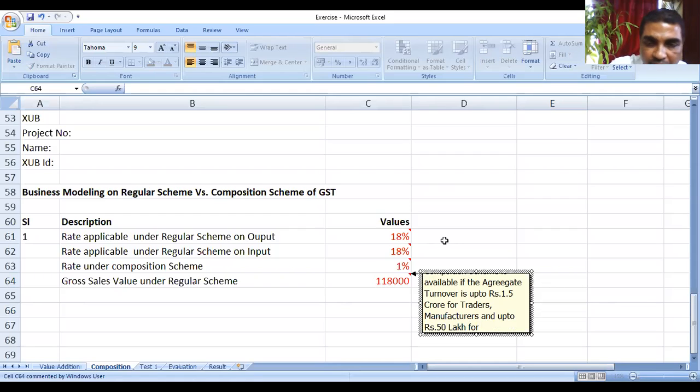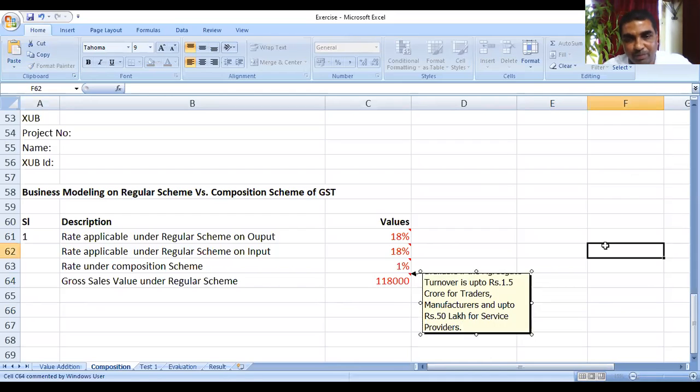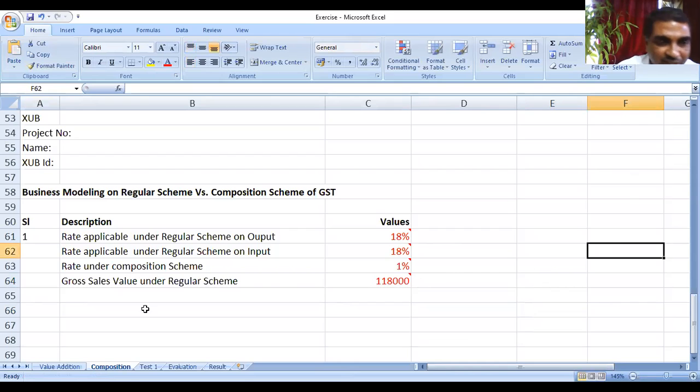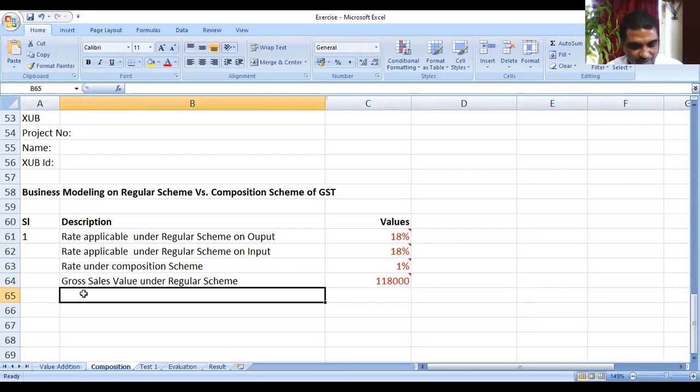For 50 lakh, for whom? Service providers. Service providers, sir. Okay. So this note should be there so that if somebody is filling the data, at that time you should understand whether the scheme is at all applicable or not.